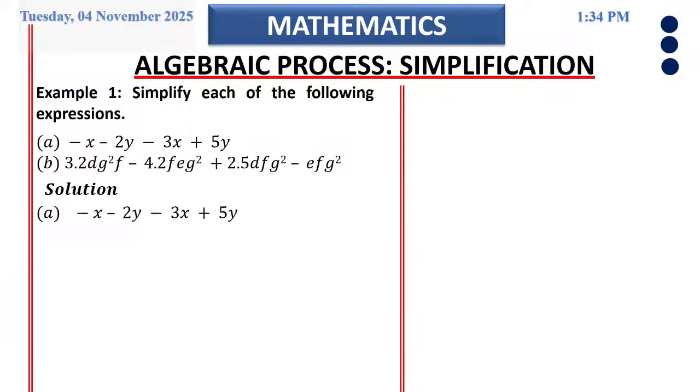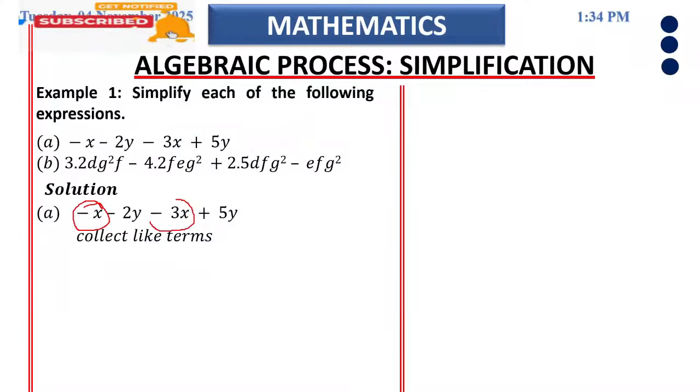Okay, so if you're given this and you are to simplify, the first thing you do is to collect like terms. Collecting like terms means the ones that have similar terms. Looking at this, you can see we have minus x here, we have minus 3x here, we have a y, and we have y here.